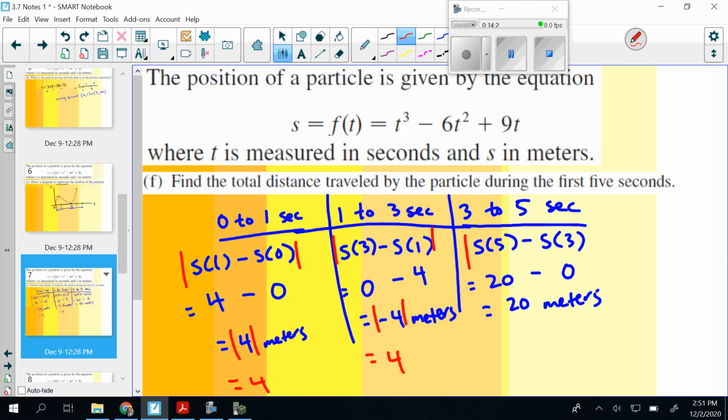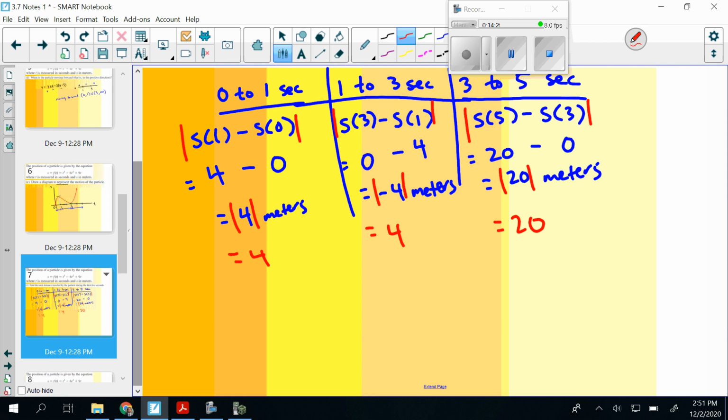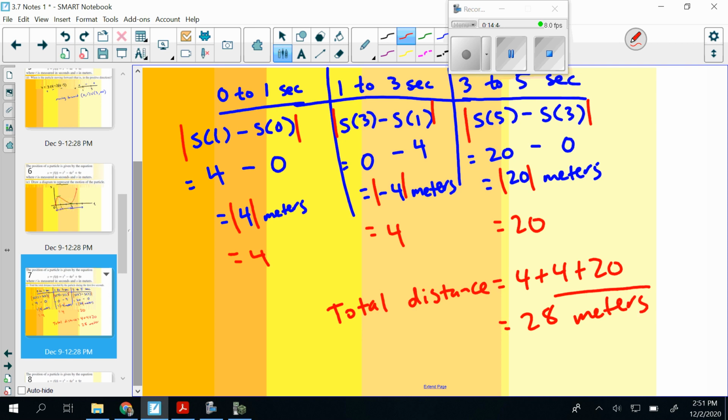And what's the absolute value of this, which would be 20. So if we add all those together, we get the total distance traveled. So total distance traveled here would be 4 plus 4 plus 20, or 28 meters. So during those first 5 seconds, this particle moves 28 meters.